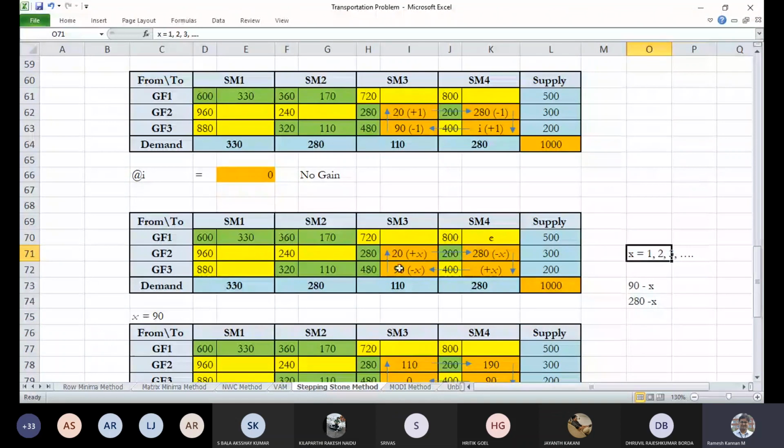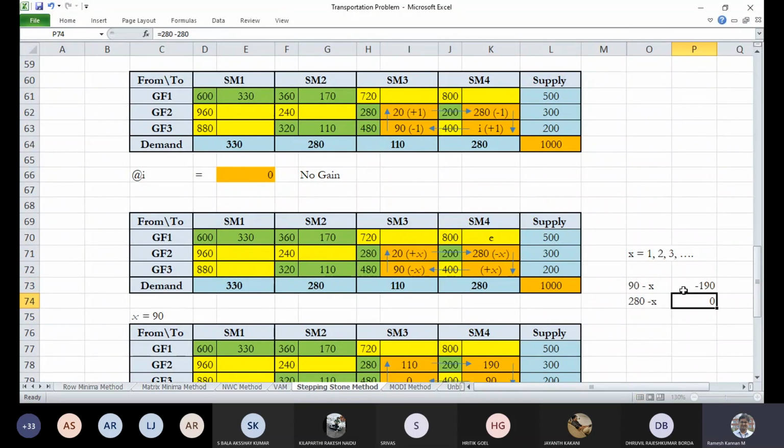For example, if I wanted to make this 0, I'll put 90 minus 90, which is 0. If I put 280 minus 280, it will yield 0 too, but then 90 minus 280 will be a negative value, so we don't want to provide that.